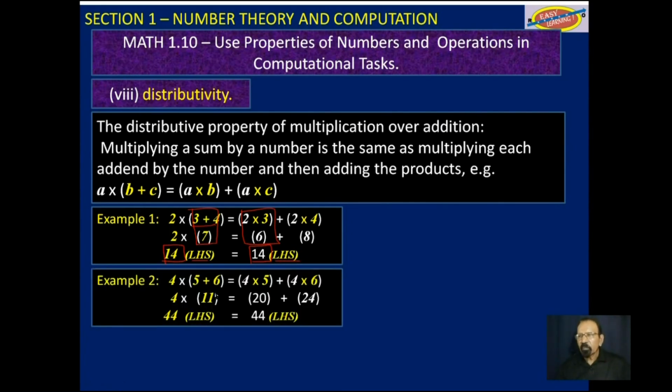Example 2: 4 multiplied by 5 plus 6 is equal to 4 multiplied by 5 plus 4 multiplied by 6. So 4 multiplied by 11, that gives you 44, is equal to 4 times 5, which is 20, plus 4 times 6, which is 24. 20 plus 24 is 44.